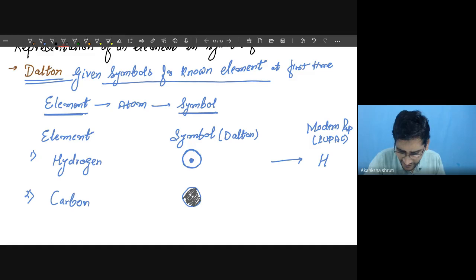Even different colors were given for different shading, and different colors represented different elements. So students, here we observe that the representation of elements given by Dalton was not convenient. Therefore, in modern day, carbon is denoted by the simple C.